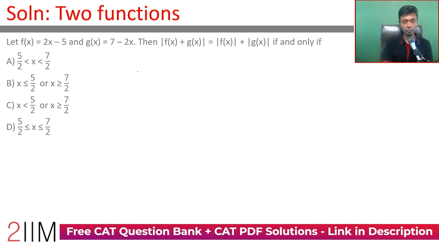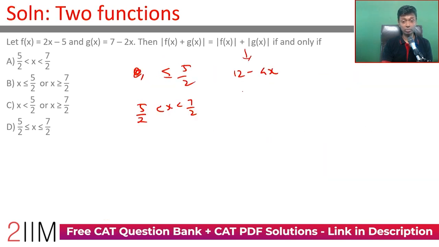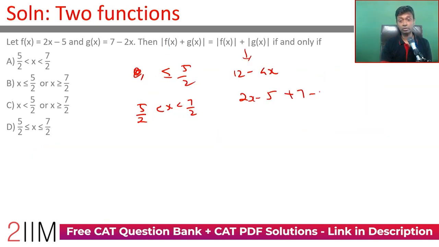Now we're going to think about not 0 to 5 by 2, less than or equal to 5 by 2. Then this expression becomes 12 minus 4x. We're going to talk about 5 by 2 less than x less than 7 by 2. In this range, the expression will be x is more than 5 by 2. This will be 2x minus 5. X is less than 7 by 2 plus 7 minus 2x.